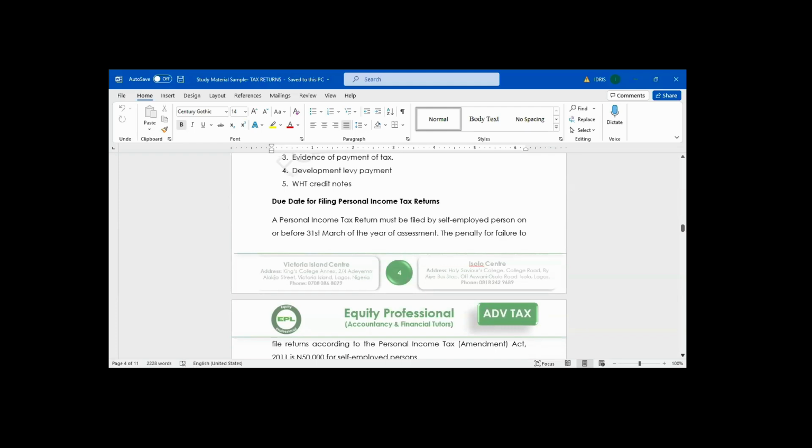That means if you are a sole proprietorship or you are a professional, your personal income tax for 2025 must be filed and paid not later than 31st of March of 2026. So personal income tax for self-employed must be filed not later than 31st of March of the following year of assessment.